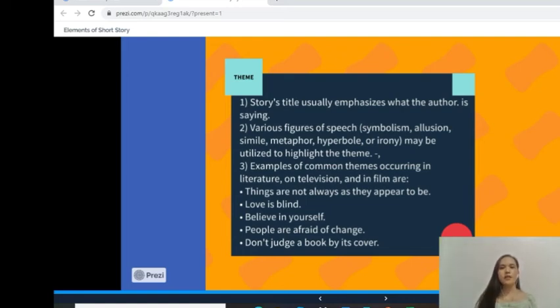Also in theme, the readers will get something that can change their perspective about a certain topic. For example, a particular topic about COVID-19, but the theme of the story is about positivity, the positive things that we can do despite COVID-19. In that case, the dilemma or the mindset of the students will change into something positive for them to adapt positively in our changing world.